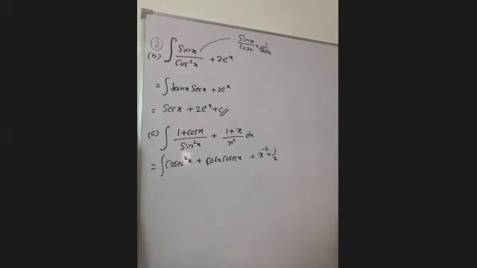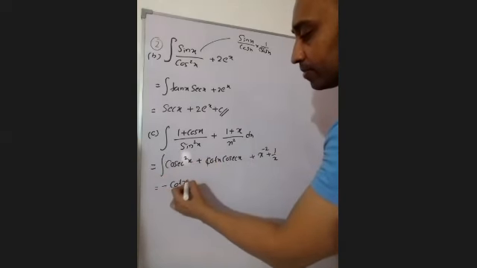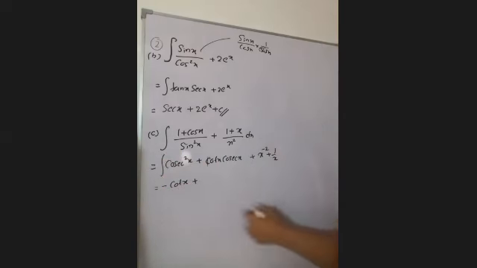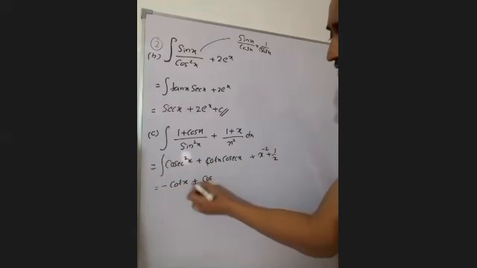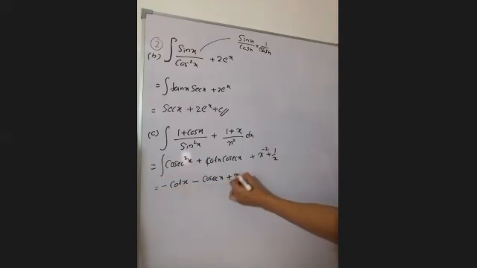Now let's see how to do this integration. The integration of cosec squared x is minus cot x, plus the integration of cot x cosec x is minus cosec x, plus x to the power minus 2 integration is x to the power minus 2 plus 1, which is minus 1, over minus 1, plus the integration of 1 over x is ln x, plus c.